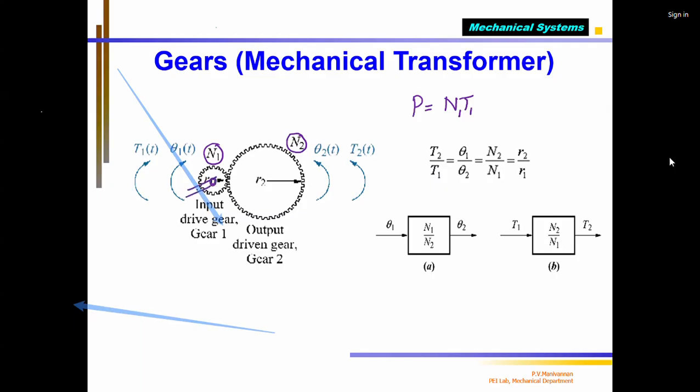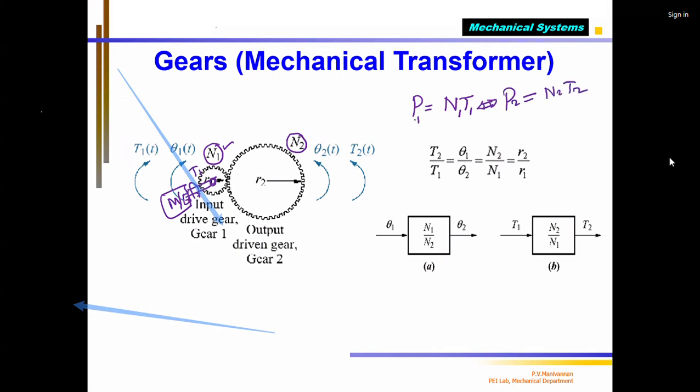Please note that I have the prime mover, which can be a motor, an engine or any other rotating actuator coupled to the driving gear, because of which the driving gear runs at N1 speed, RPM. T1 is the torque given by this. This should be equal to P2, which is nothing but N2 into T2.